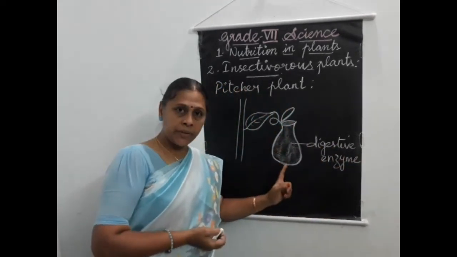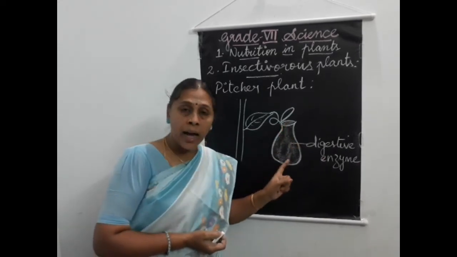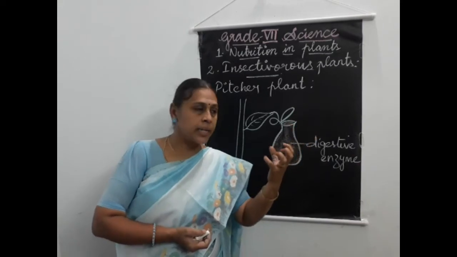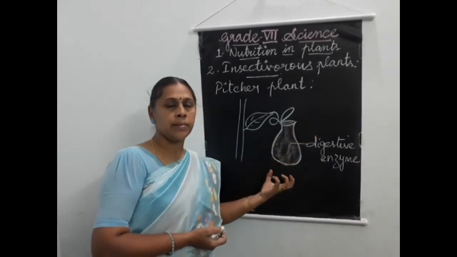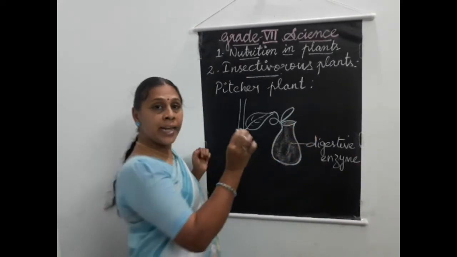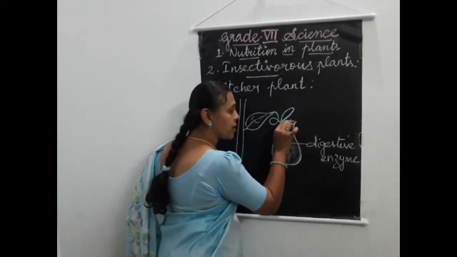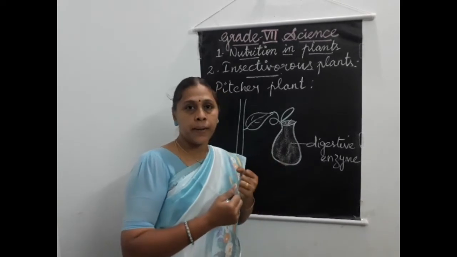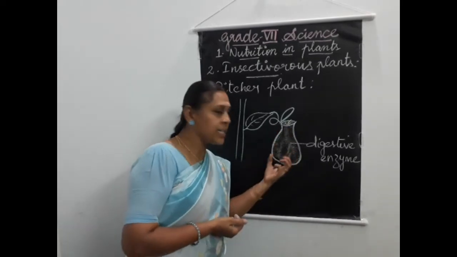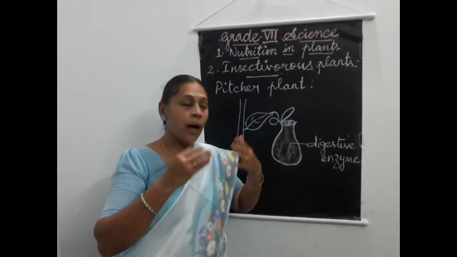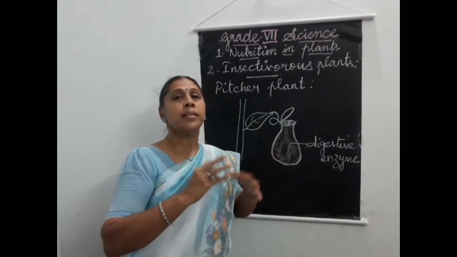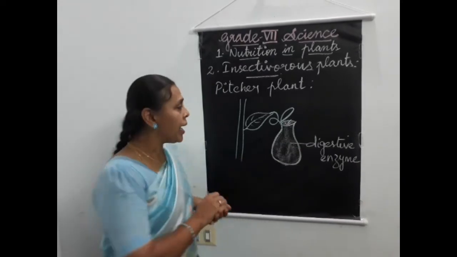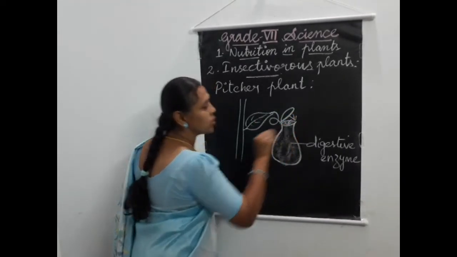Thinking this digestive enzyme is nectar, that means honey, the insects will be attracted towards this. And when the insect comes and sits on this, it will be sticky in nature. It will get attached here. After sitting on this enzyme, the insect cannot escape. It cannot fly away. And this lid will be closed.